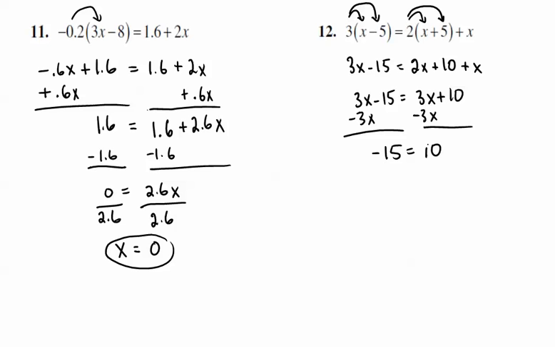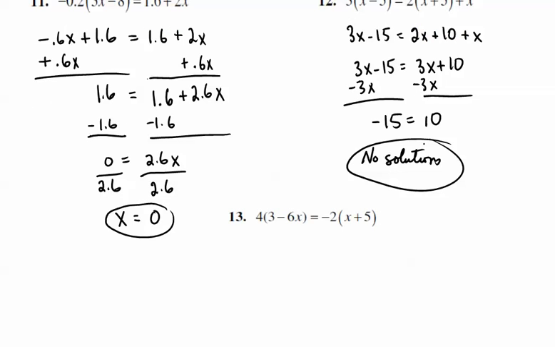So this is a case of no solution. Sometimes when we solve an equation, there's just no value of x that will make it true, not even 0. So we call this no solutions, because negative 15 is never equal to 10, and so there is no value that will make that true.